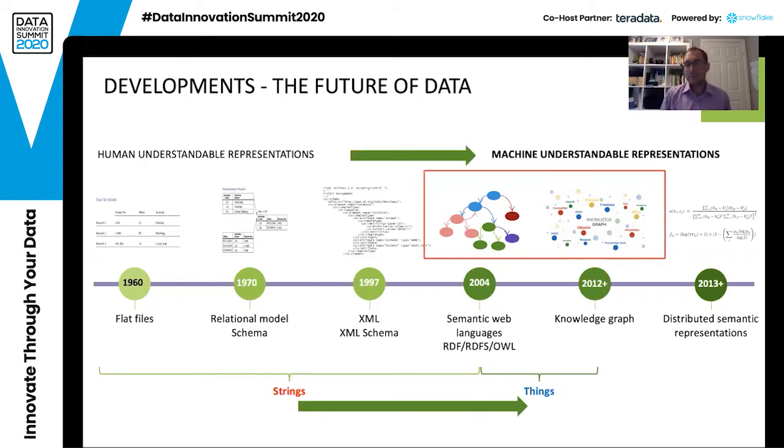Essentially, it's going from strings, which we find defined in your databases, your columns and rows, to things, which are distributed concepts of data that come together as relationships and patterns, which give you insights, models, automation, and the machine learning algorithms that take place. This is what I'll be talking about and focusing on very much today.